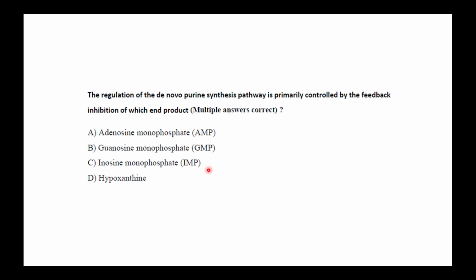The correct answer is option A and option B, that is AMP and GMP. So AMP and GMP can both regulate the de novo purine synthesis by feedback inhibition. So these are the end products. If you remember the feedback inhibition from heme synthesis, the heme was the end product and it was inhibiting the starting enzyme and controlling the synthetic pathway.